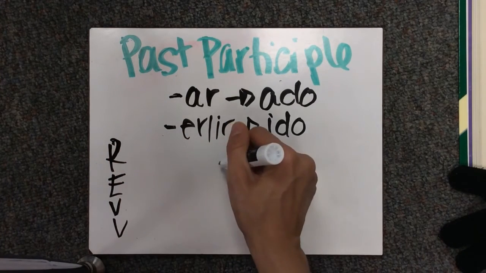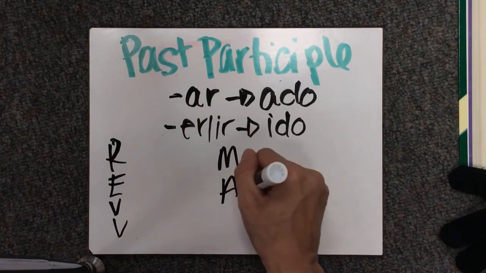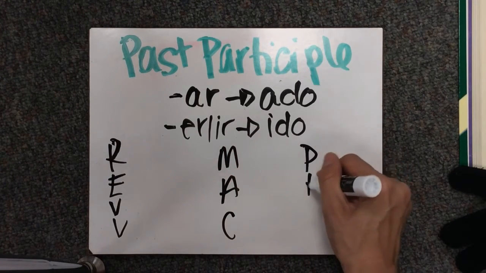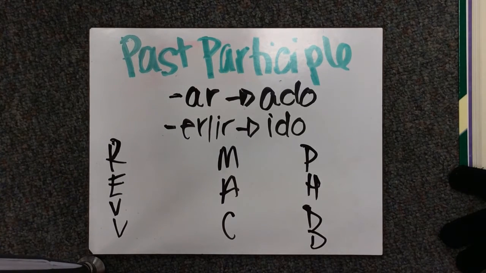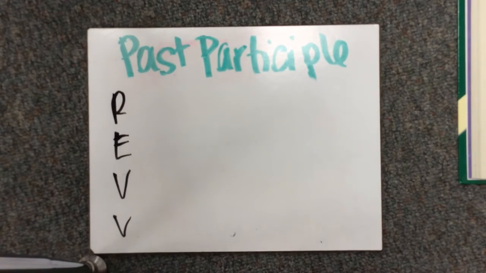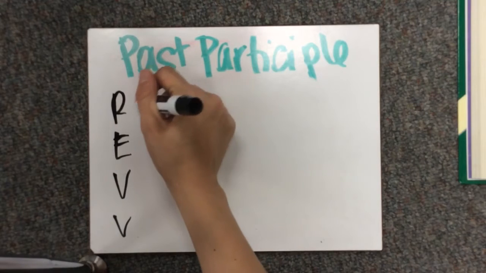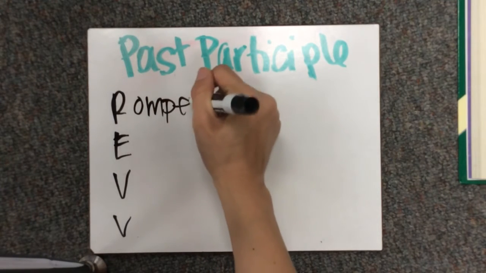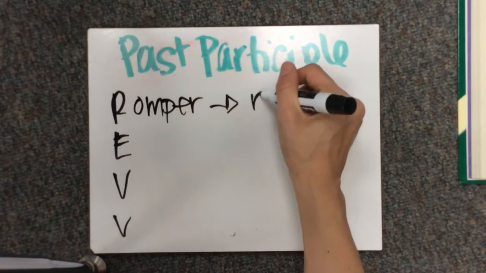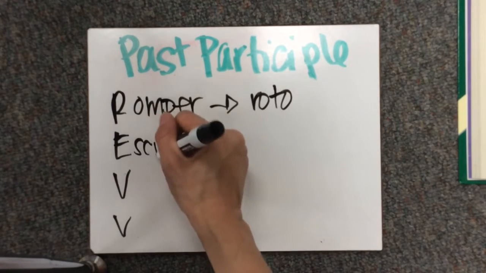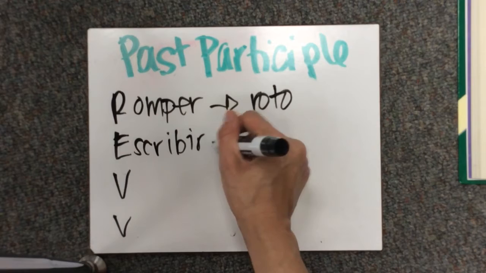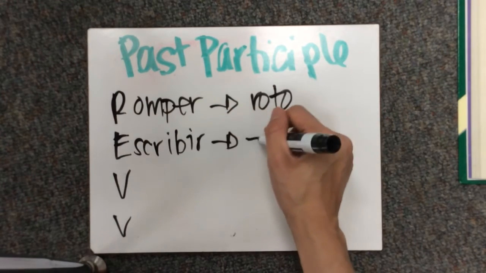An easy way to remember the irregulars is to use this: Rev, Mac, PhD, D. Now hopefully you're starting to recall what those irregulars are. Starting from the beginning, R comes from romper, and it becomes roto. E comes from escribir, which turns into escrito.